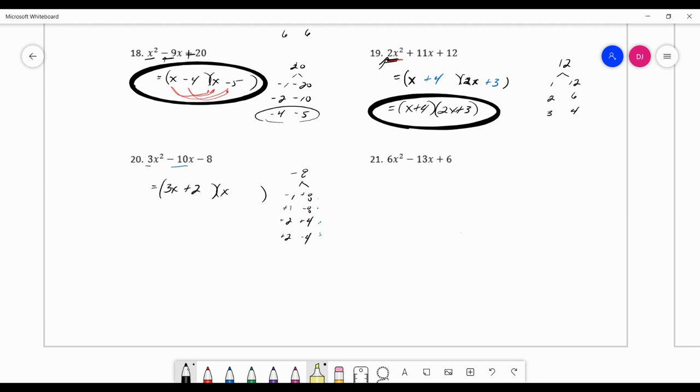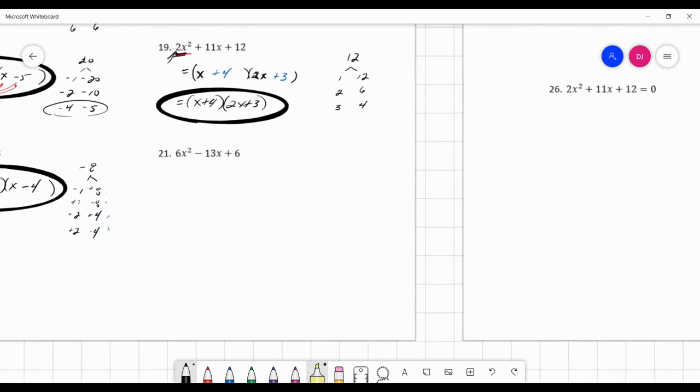Try a positive 2 and a negative 4. Negative 12x, positive 2x is a negative 10x. And so that tells me that that's going to be correct. So there is a guess and check type scenario. There's no way around it. Well, a couple ways around it, but not something I'm willing to pursue at this point.